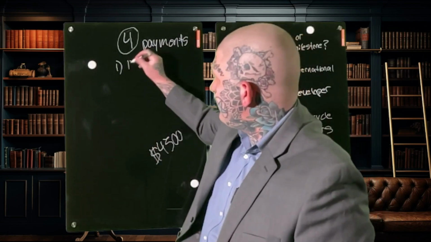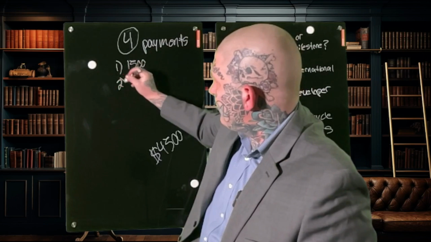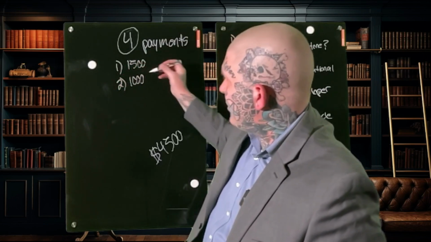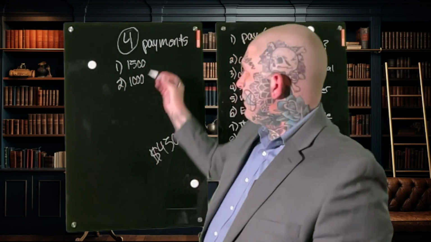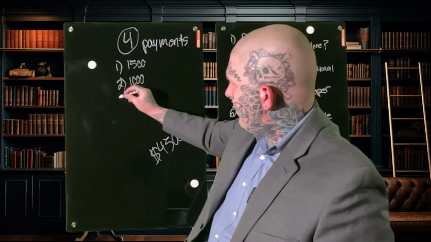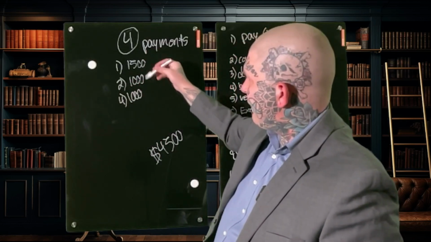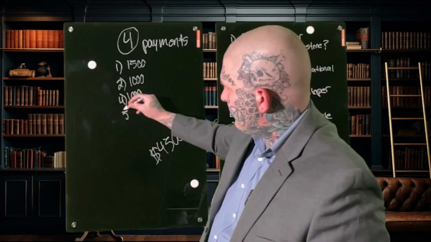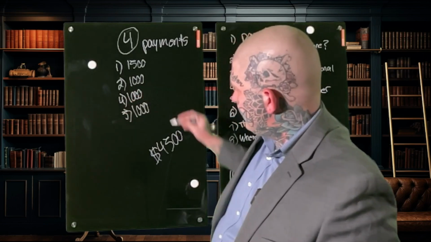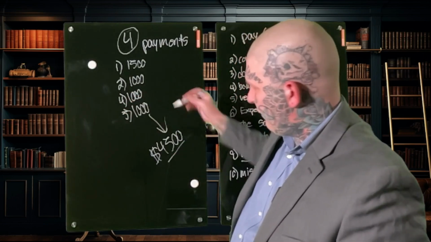We'll do $1,500. Maybe the second milestone, you want to do $1,000 because there's less work involved. So we're at $2,500 right here. Maybe the fourth milestone, we do $1,000. We're at $3,500. And then the fifth milestone, $1,000. So that would total up to the $4,500.